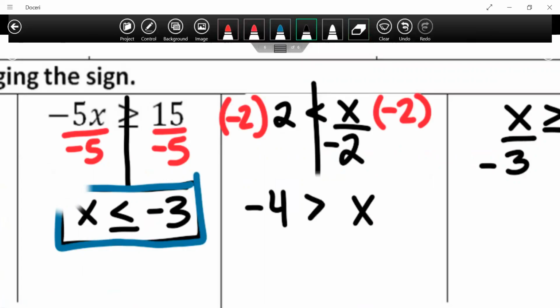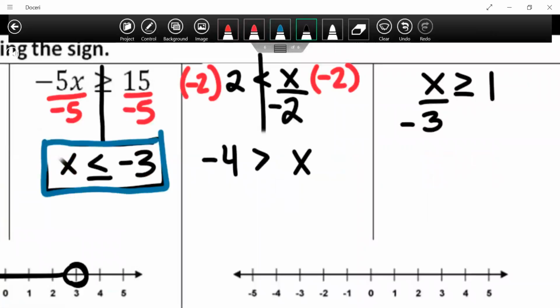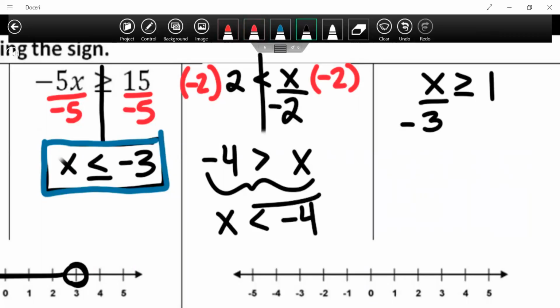Now, do I like how that's written? No. So what should I do? Switch it. X and -4 are going to switch. Less than. -4, open or close circle? Open. Left or right? Left.